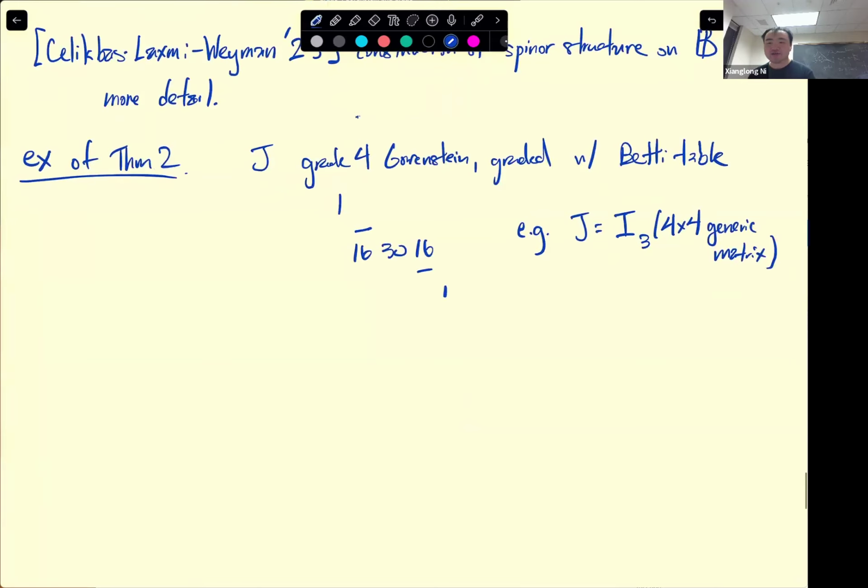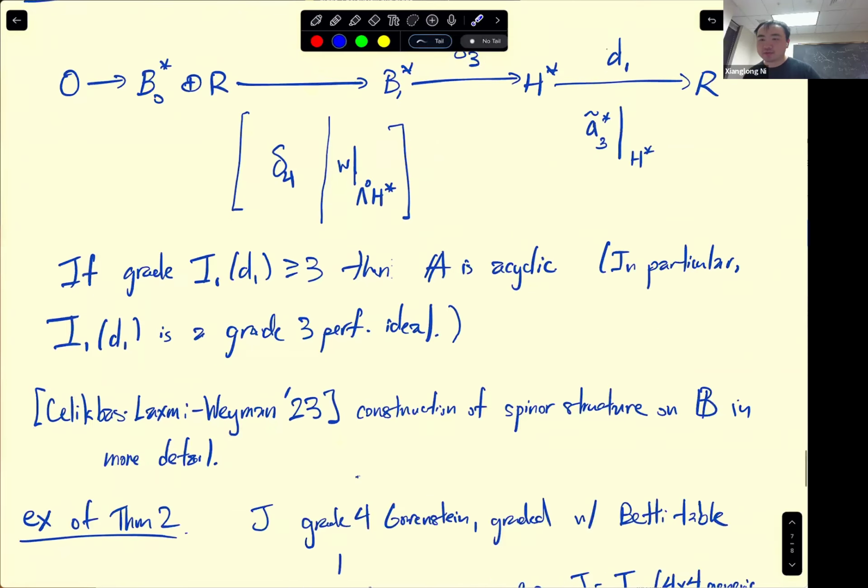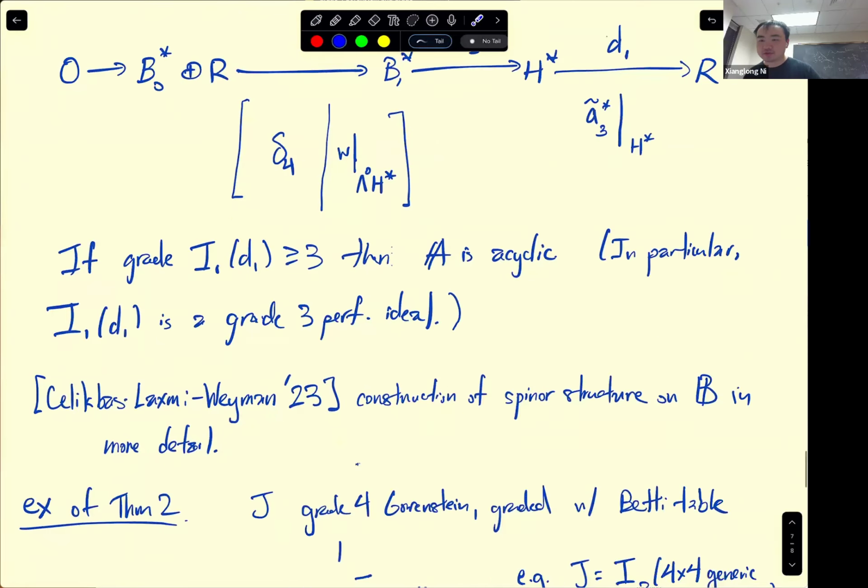So let's recall the definition of the various differentials in A. The middle differential just comes from a piece of the middle differential of the original resolution, so that one's relatively easy to understand. But the first differential comes from the spinor coordinates, and we'll recall that these were square roots of certain Buxbaum-Eisenbud multiplier coordinates. So let's look at what that is.